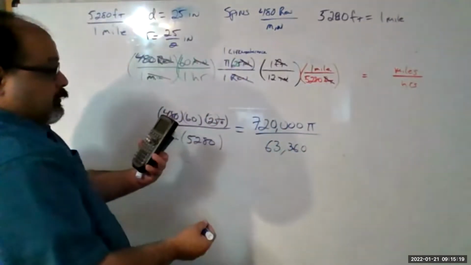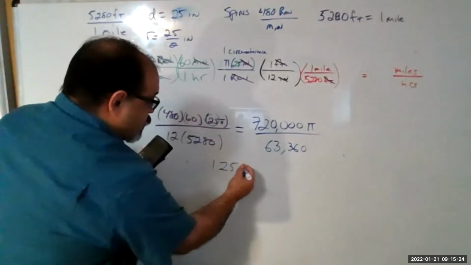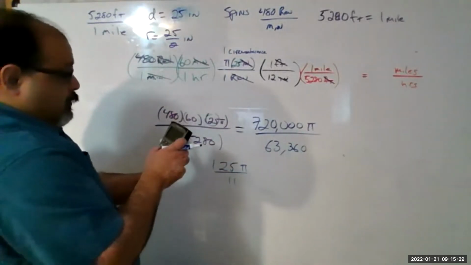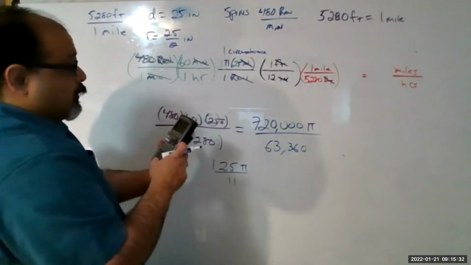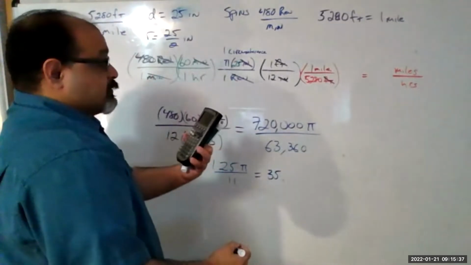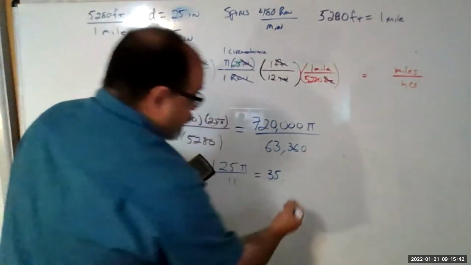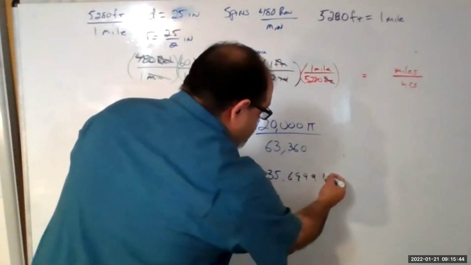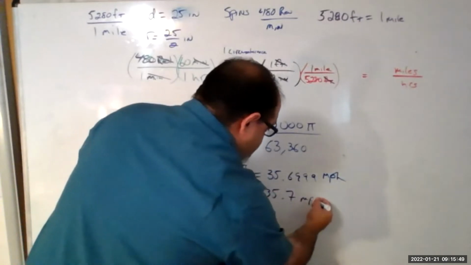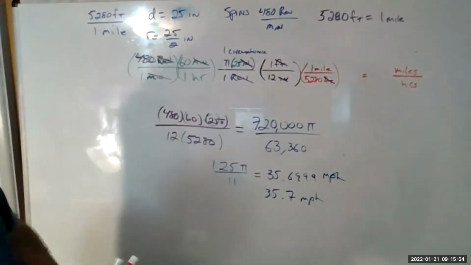So then if you reduce it in terms of pi, you get 125 pi over 11, which is 35.6999, so 35.7 miles per hour. So about 35.7 miles per hour. Yeah, I forgot to put the 25 in my calculator right there.